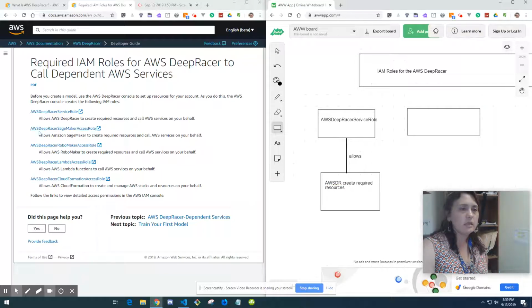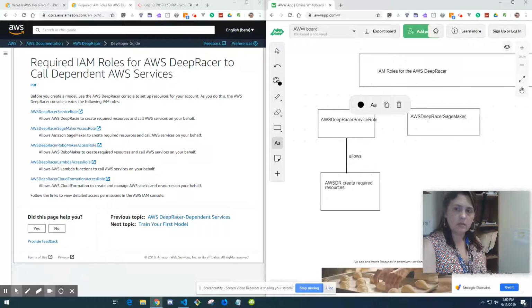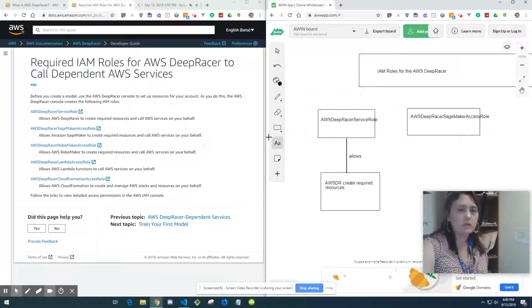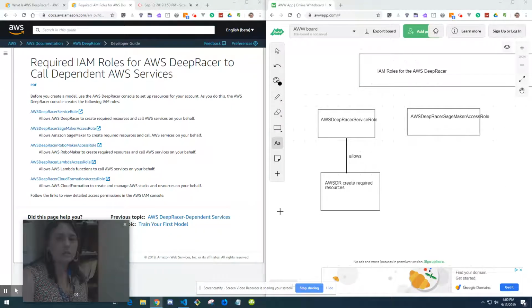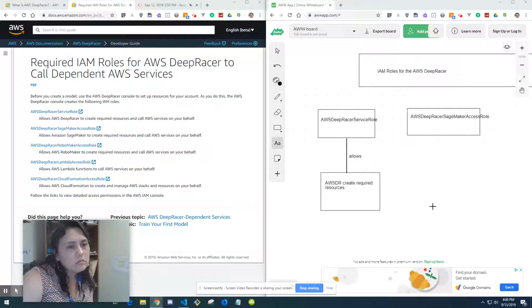And that is the AWS DeepRacer SageMaker access role. Let's see what that does, in addition to having access to the resources. It allows SageMaker to create required resources.